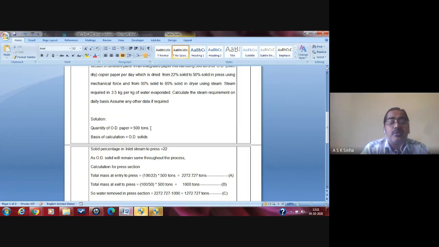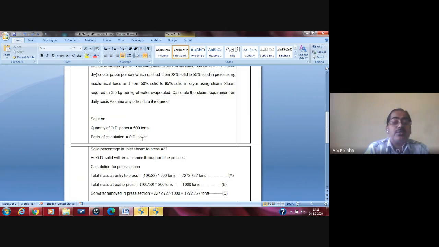But here for simplicity, we are assuming that 500 tons is the oven dry solid, as given in the numerical. Otherwise, we would have to calculate and subtract the amount of moisture present in the paper. Here we are taking 500 tons as the oven dry paper. That means no moisture, no water content is there. It's totally solid.